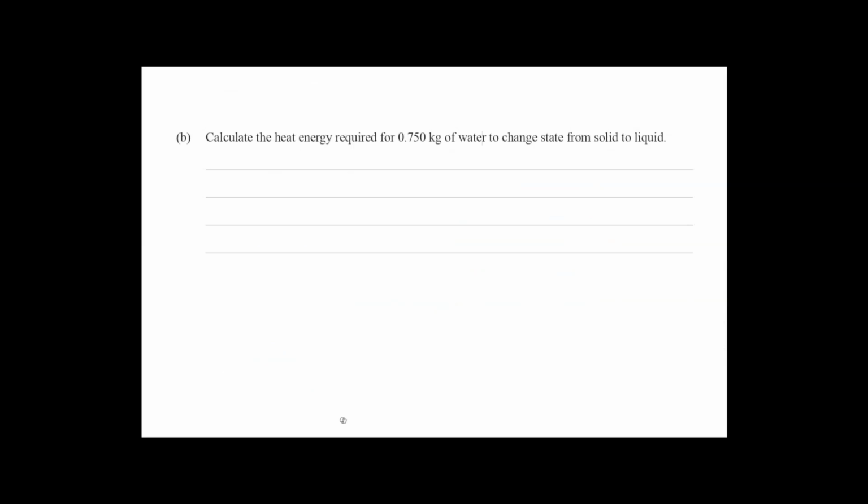All right, so now it wants us to calculate the heat energy required to change the state from solid to liquid. So we're going to use the correct formula that they give us. Do not use that one, that's for heating the water up. This is for transforming it.